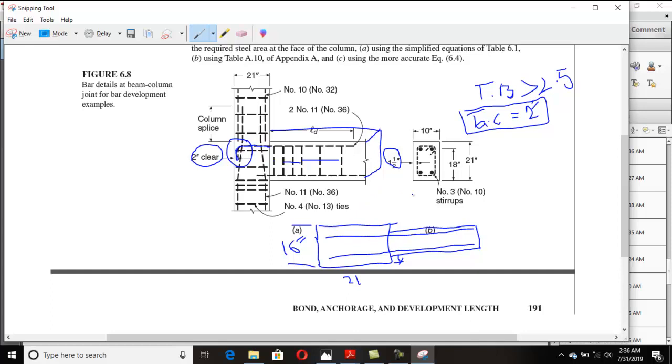Now we need to calculate this distance, how much this distance will be. Basically, this is the side cover. Clear? So we will calculate this side cover. Okay, let's see.